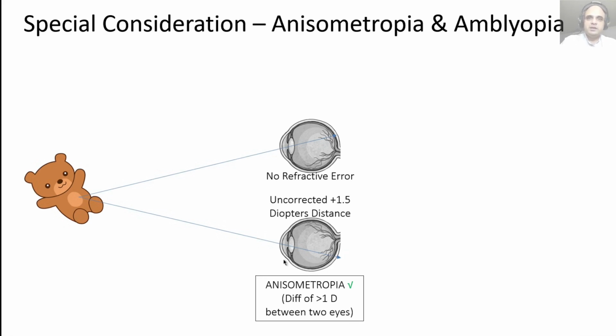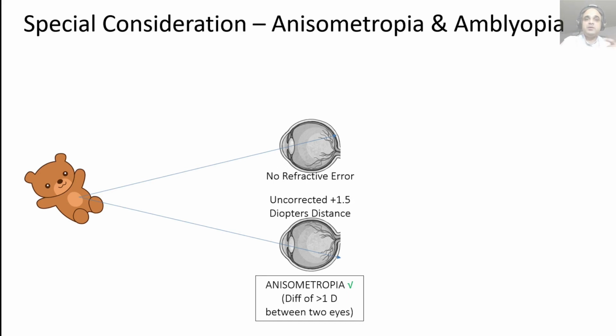Now you would say, hey doc, you said if you have a blurred image, the process of accommodation starts, which focuses this image back on the retina. You would be right, I did say that. But do you notice that the image in the right eye, the eye at the top, is already focused? The eye does not need to accommodate because the signal going all the way back to the visual cortex from one of the eyes is that the image is clear, and it does not need accommodation.